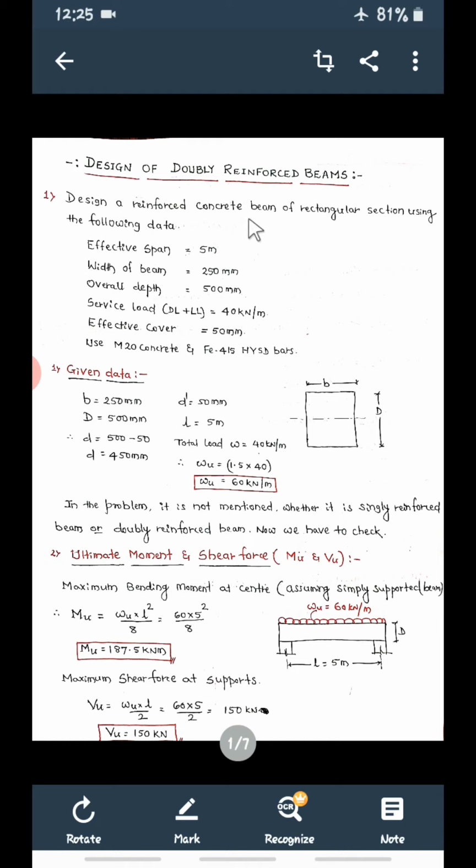So how will the design change from singly reinforced beam? Let us take one example, and design the beam. The problem goes like this: design a reinforced concrete beam of rectangular section using the following data.